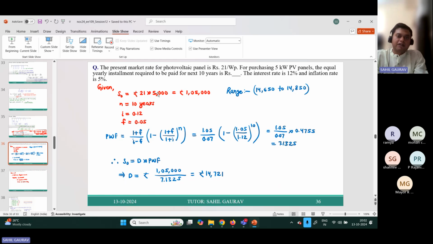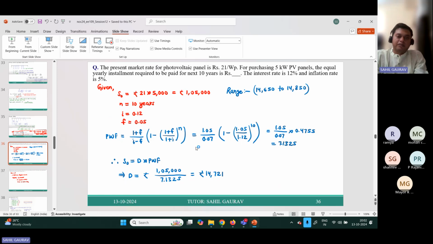So multiply with 5,000, so we'll get 1,05,000, and you want to do yearly installment in 10 years. So n will be 10 years. Interest rate is 12%, so it is 0.12, while inflation rate is 5%, it is 0.05.